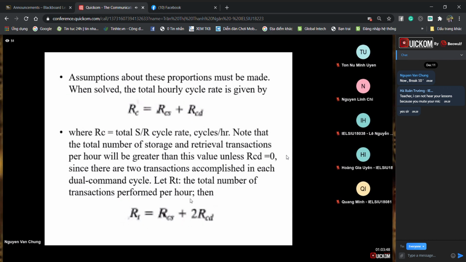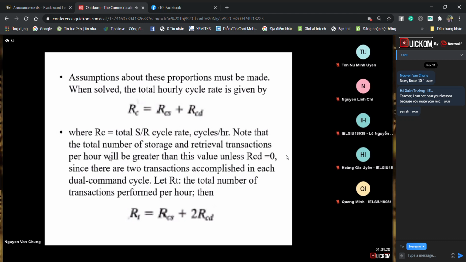Now I repeat. Assumptions about these proportions must be made when shown the total cycle rate, you have RC, like that's the total cycle rate of SR cycles per hour.